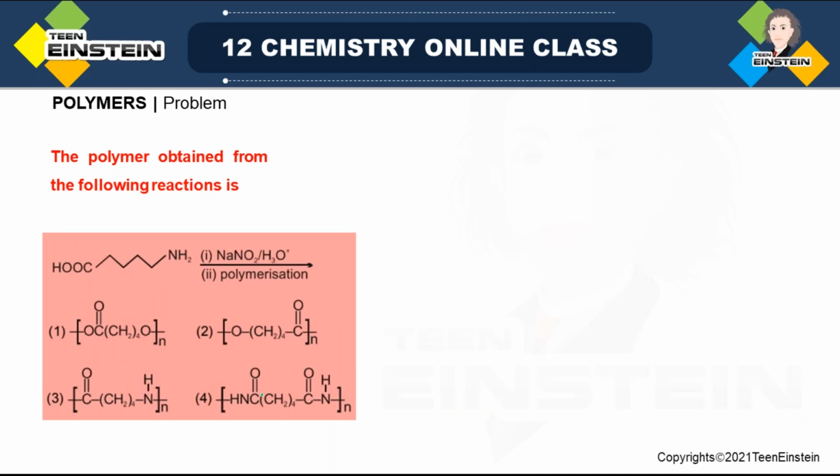Here a monomer is given, which is CO2H, then some CH2 chain, and finally NH2. Now you have to find the polymer. But if you look at the reagents that are used, it is not that you are directly doing polymerization. First, there is a reagent which is NaNO2 in acidic condition.